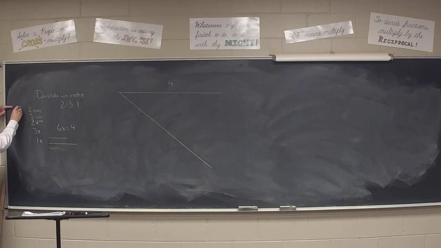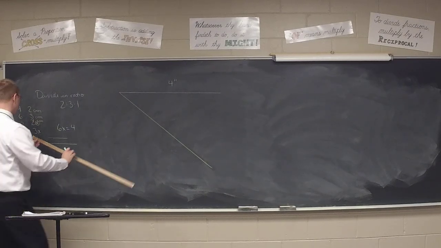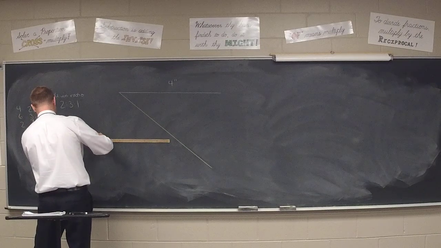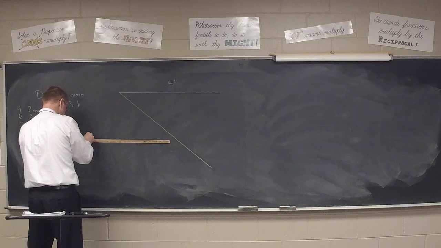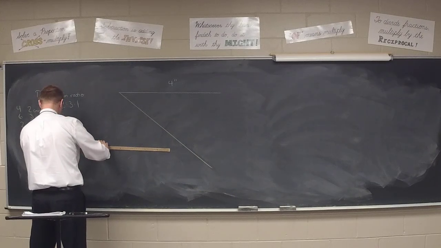You mean 4 centimeters, 6 centimeters, and 2 centimeters? Do you realize, class, that 4 to 6 to 2, if we use x as 2 centimeters, these are still in ratio 2 to 3 to 1, aren't they? And it gives me a little bit more room. So yeah, let's roll with 4, 6, and 2 then. So there's the 4.